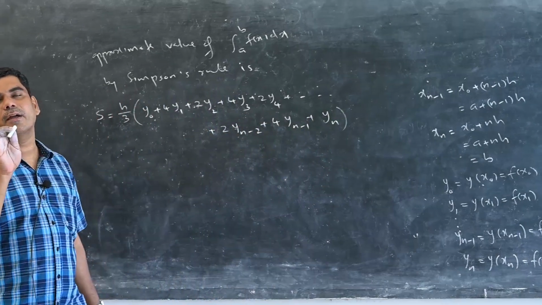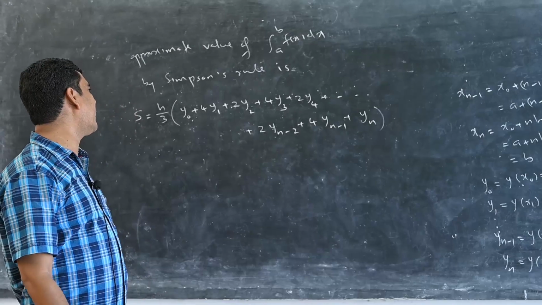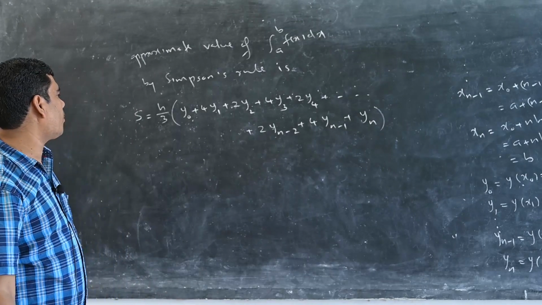This is the formula to find the approximate value of the integral a to b f of x dx by Simpson's rule.